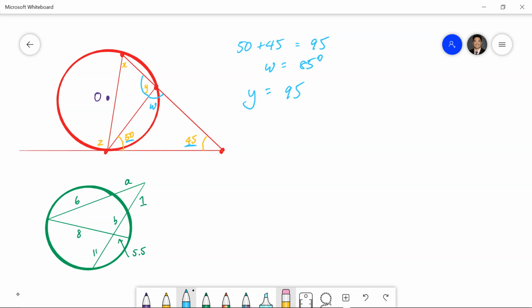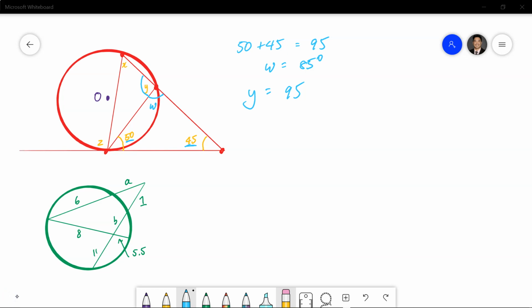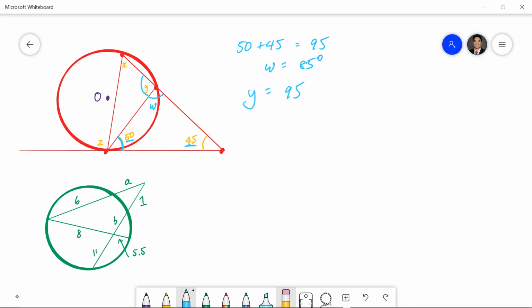Looking at our alternate segment theorem, we can also say that this angle here is going to be the same as that angle there. So x is equal to 50. So we'll have 50 degrees there. And therefore we can work out what z is by working out what this is first.